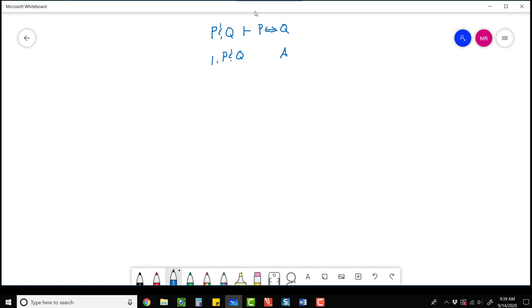So what you want to do is say, first I'll prove if P then Q, then I'll prove if Q then P, and then I'll just put them together at the end using biconditional introduction.